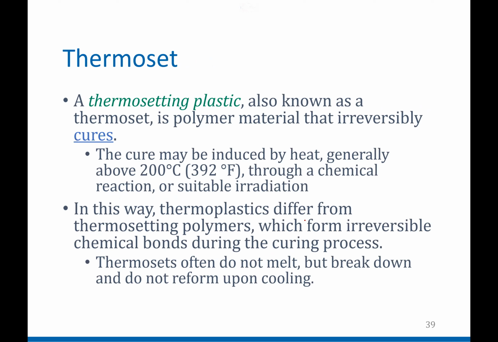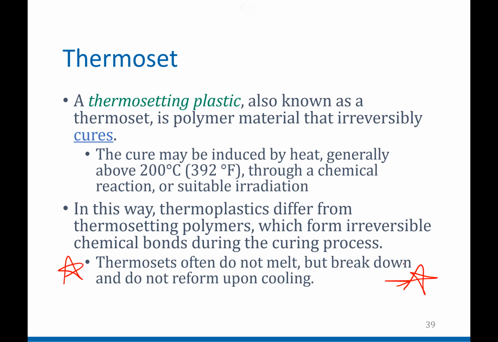So thermoset plastics, what are these? Well, a thermoset plastic is a material that, and I'll explain what this means in a second, irreversibly cures. The curing process is kind of like this heating and cooling process. But the big thing here is that thermoset plastics do not melt or reform upon cooling.